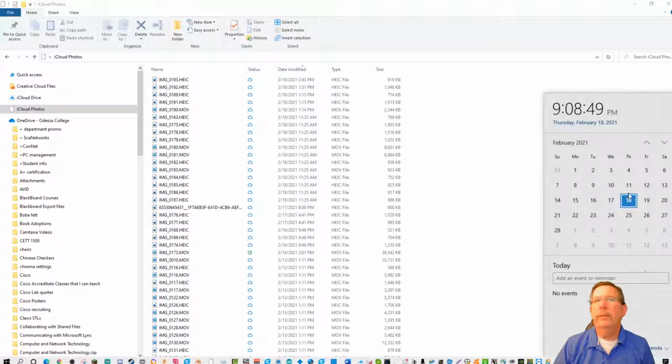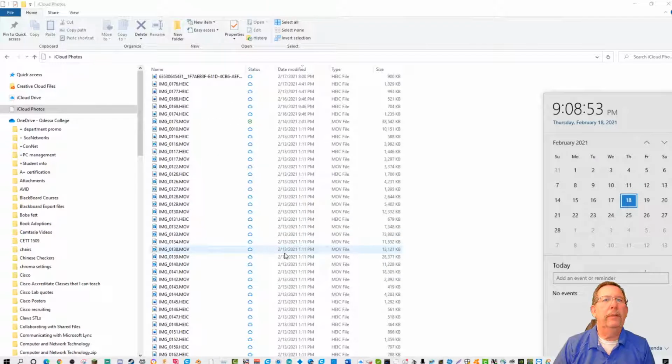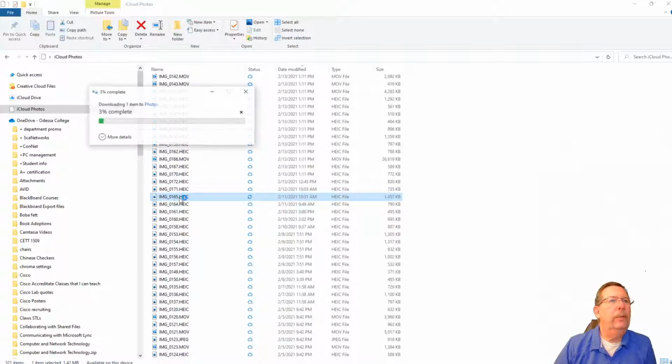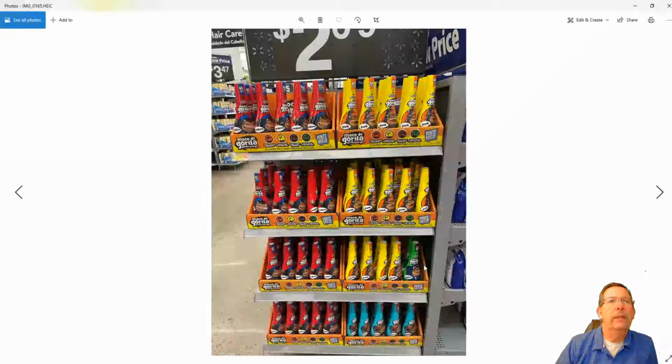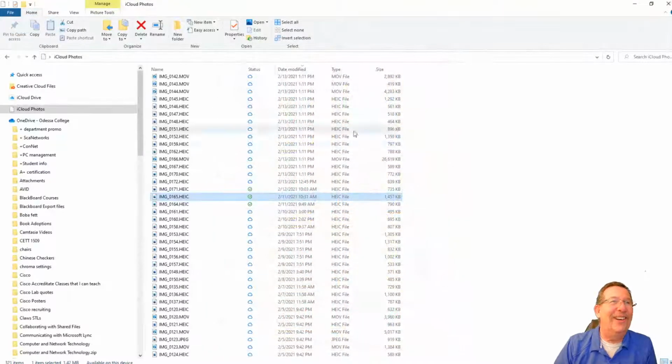Last time was the 11th, so this goes back to 2/11, and it was a movie, and I don't remember which one it was. There's 3 movies here. I wonder if it was this one. Since this one's the biggest one, I wonder if I can play this for you guys. Nope, that's not it. That's Gorilla Glue. Oh well, that's not what I wanted.